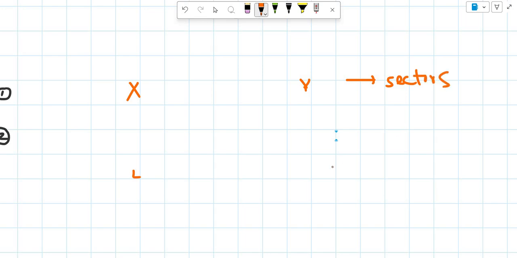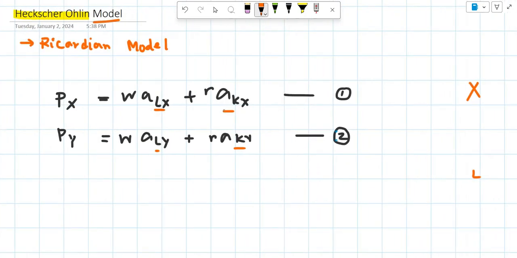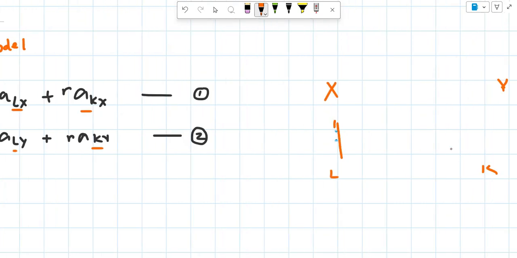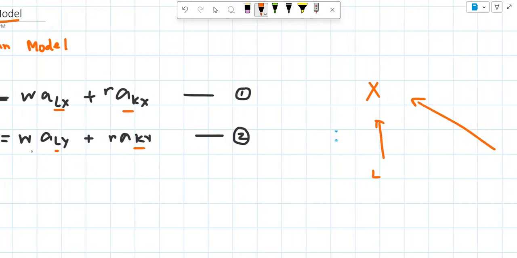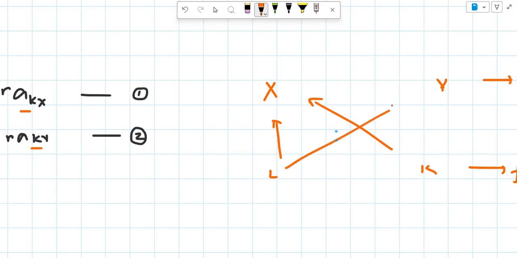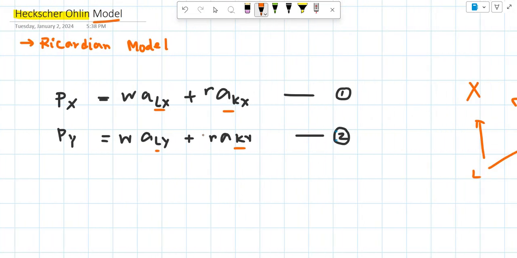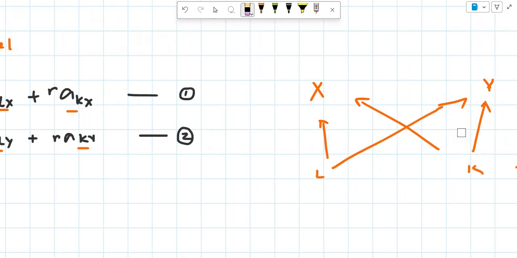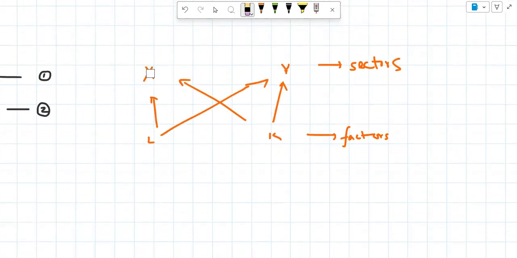What are the two factors? The two factors are L and K. So you can see X draws in both labor and capital, and also Y draws in both labor and capital. The issue is not how the model looks like.